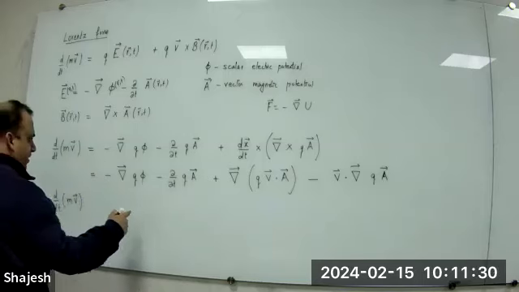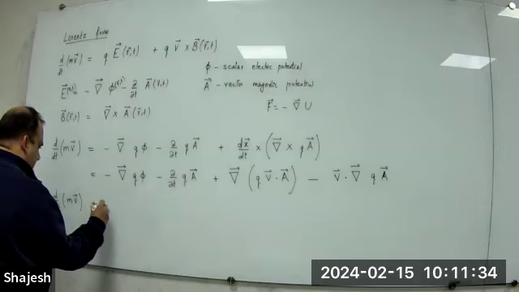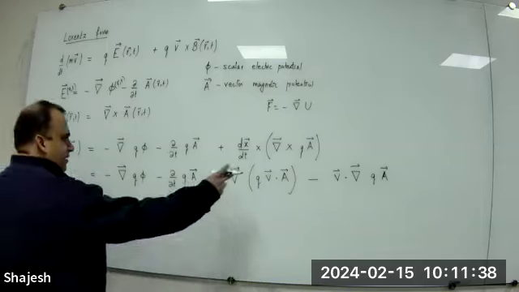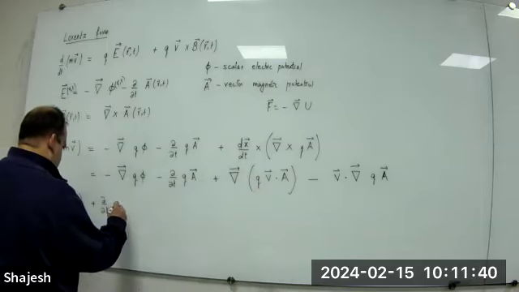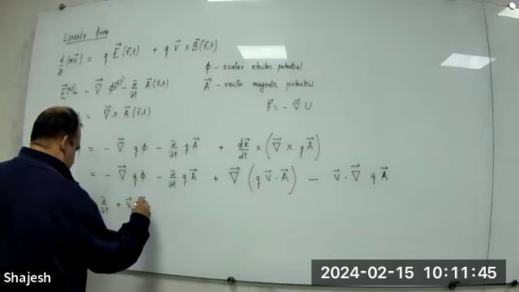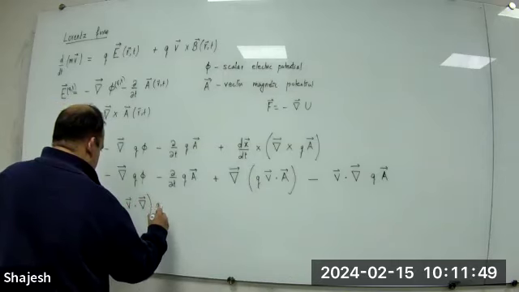So I'm going to move everything else to the left, so it is plus time derivative. And let's say plus V dotted with gradient operating on Q times A.